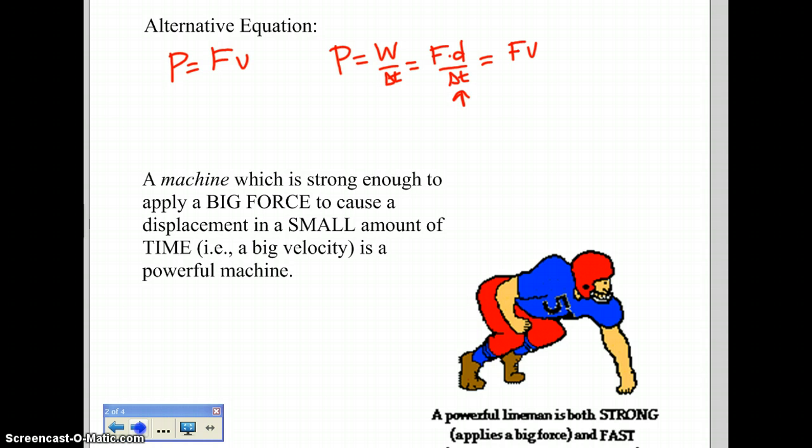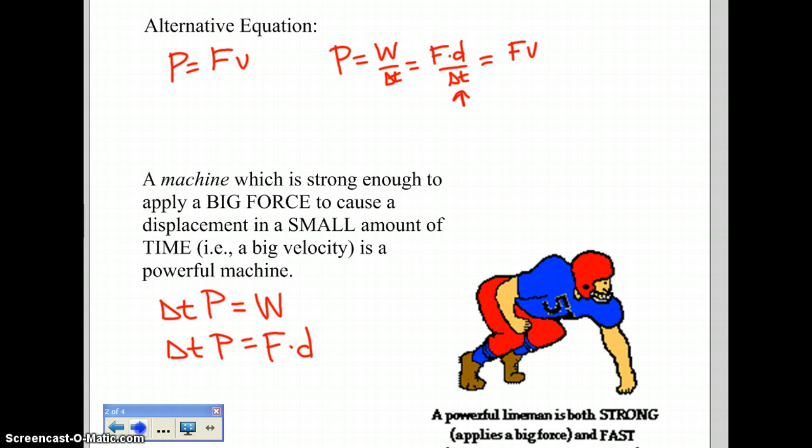Think of it this way: a machine which is strong enough to apply a big force to cause a displacement in a small amount of time is a powerful machine. So power and force are directly related, whereas time is indirectly related, because if you rearrange the equation, delta t times P equals W, or in other words, delta t times P equals F times d.